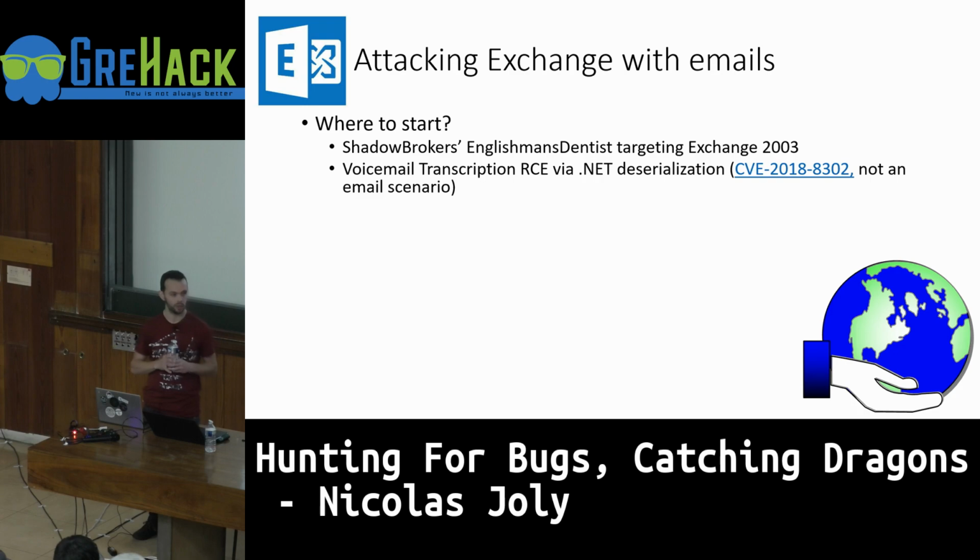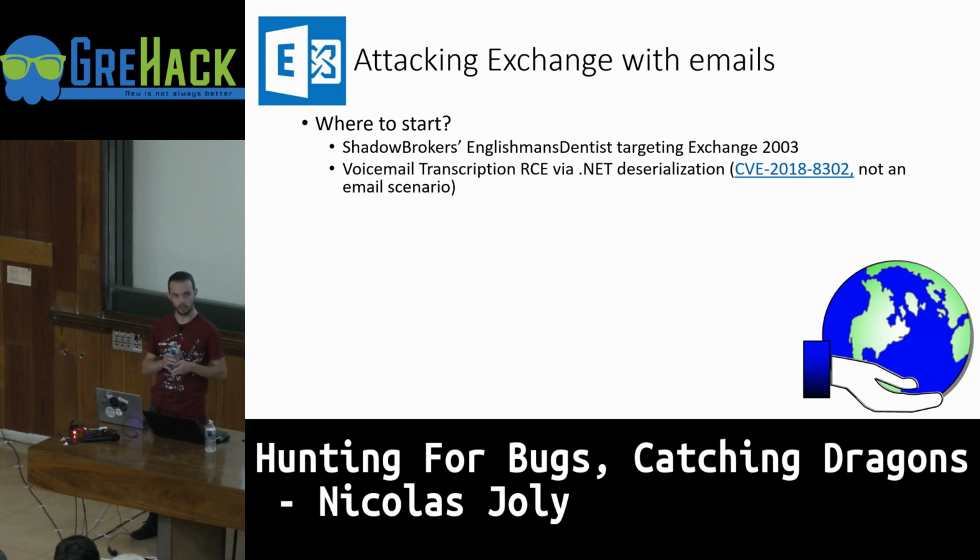So for Exchange, there was basically nothing when I started. There was one example, an exploit from the Shadow Brokers, targeting Exchange 2003 on, I think, Windows Server 2003, so that was quite an oldie, let's say. And I put it here, something that was reported to ZDI, quite unrelated to that research, but to be honest, there weren't that many, so I put the example here.